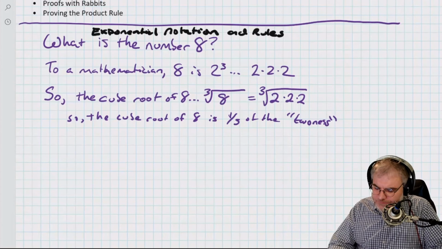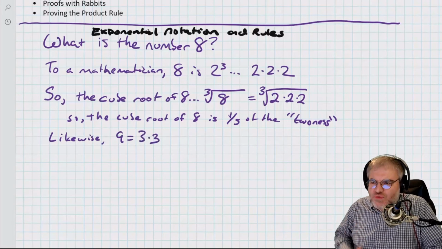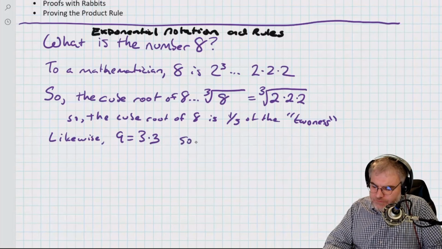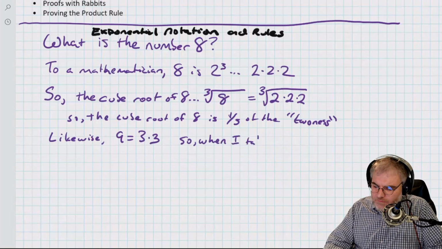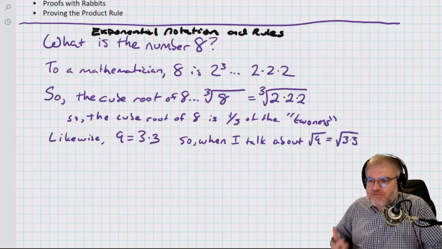Likewise, 9 equals 3 times 3. So when I talk about the square root of 9, I'm actually talking about half the 3-ness.